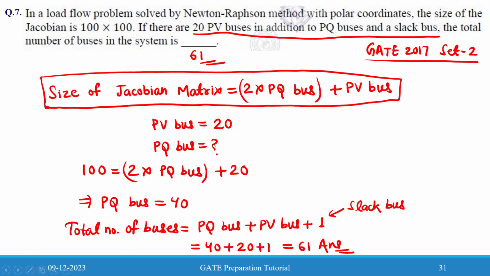Right now I just want to say that if they ask about the size of the Jacobian matrix, you have to directly apply the expression 2 times PQ buses plus PV buses. Here the PV buses are directly given, there are 20 PV buses in the system, and you have to find the PQ buses, since the size of the Jacobian matrix is also given. So PQ buses come to 40, and then you can find the total number of buses in the system, which is asked in this question. The total number of buses will be PQ buses plus PV buses plus one slack bus. So 61 is the correct answer for this problem.